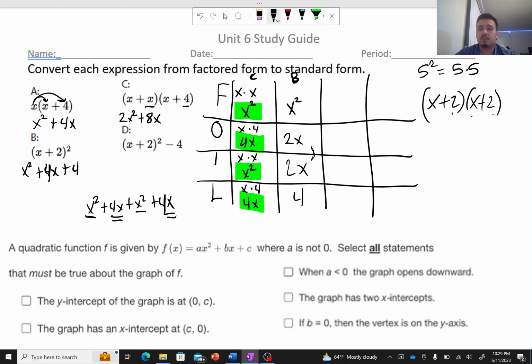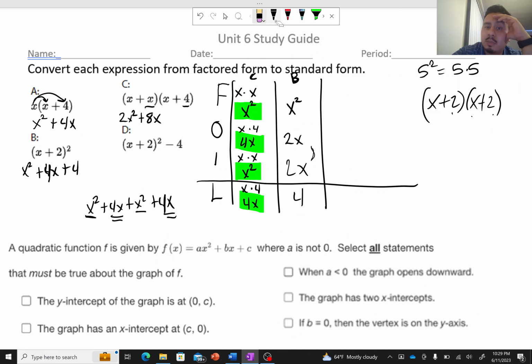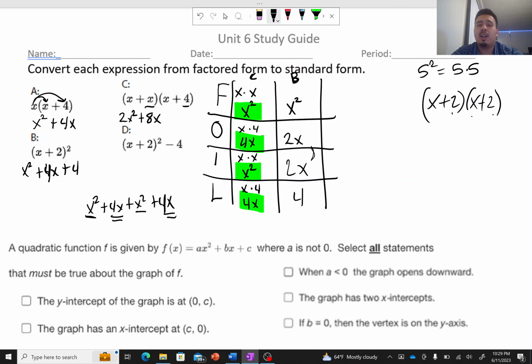Ta-da! There we go. Now for letter D, let me go ahead and make more space for myself. For letter D, it's the same thing as letter B, except that we're doing a minus 4.